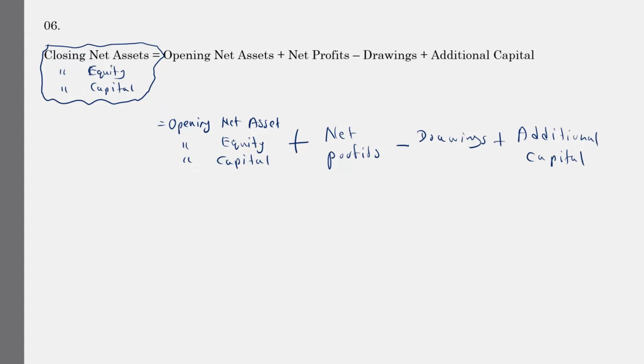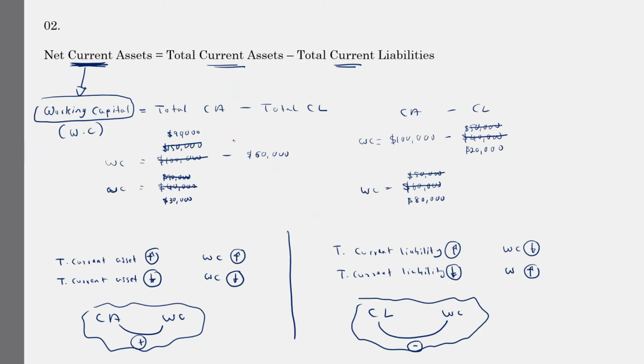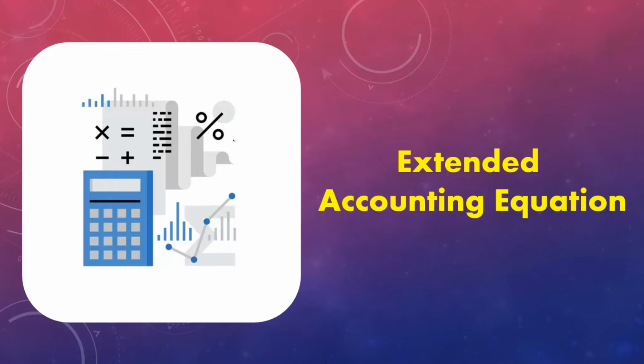Take equation number 1, write it 4 times. Take equation number 2, write it 4 times. With your understanding, don't write it for the sake of writing. If you do it like that, I am pretty sure you will be perfectly okay with these accounting equations. I have named it the extended accounting equation.